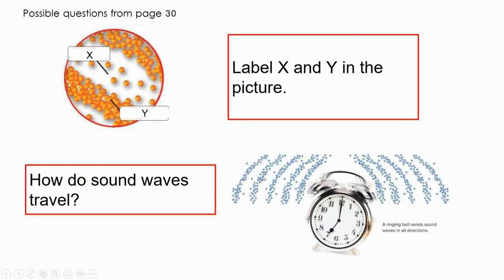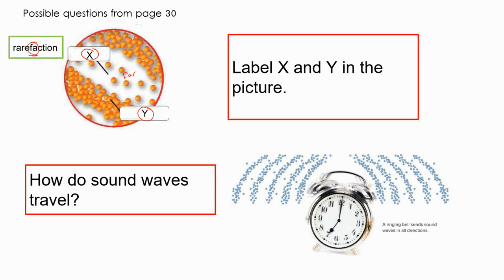So these are some possible questions you may get where they name this. You can name it any letter in the alphabet, but you have to know what they stand for. Remember, when they are far from each other, it looks like the word rarefaction.